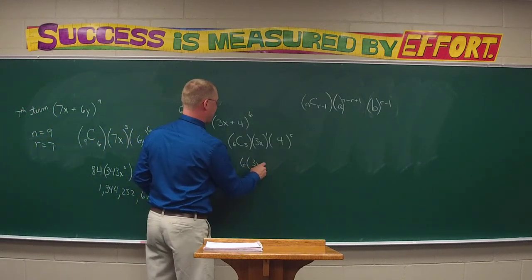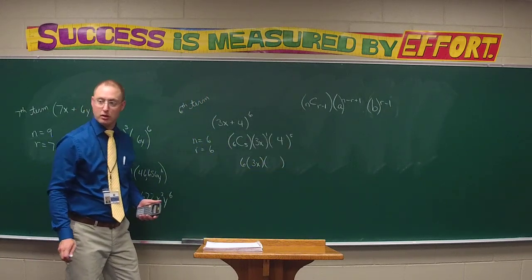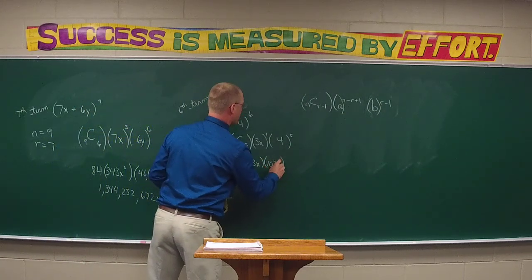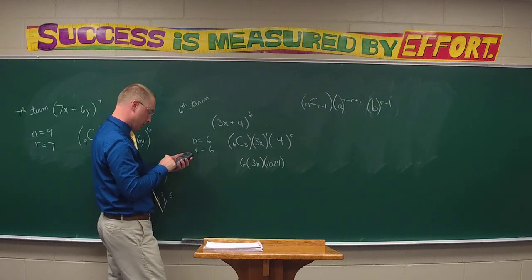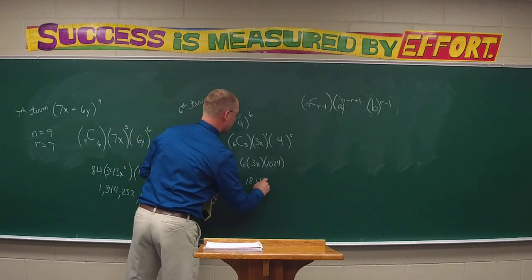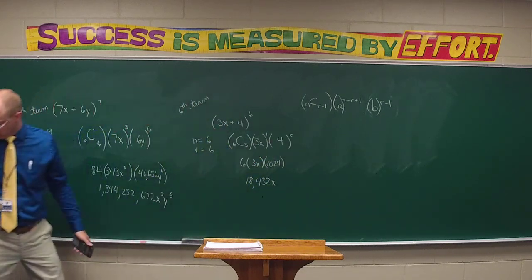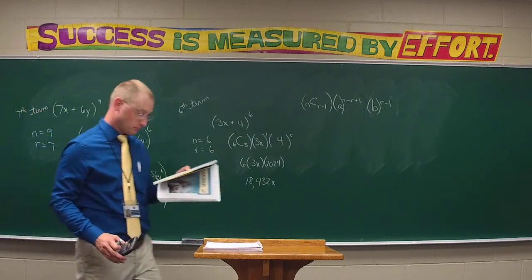And then we got a 3x, and then the real issue is the 4 to the 5th. 1024. We'll multiply that by the x, the 3, and the 6, and we end up with 18,432x. And how many had that? For number 34. Questions on 34.